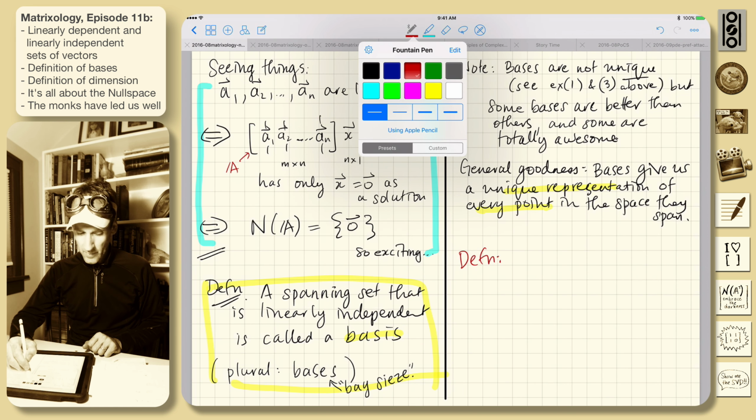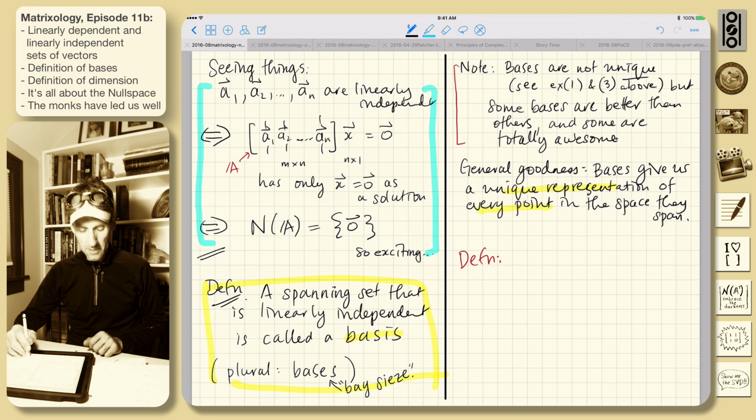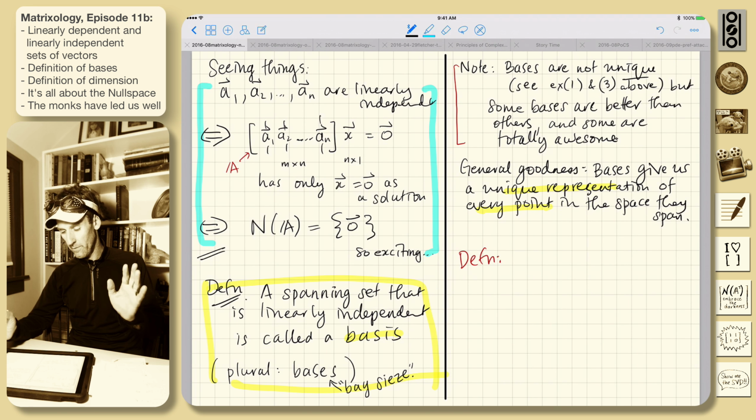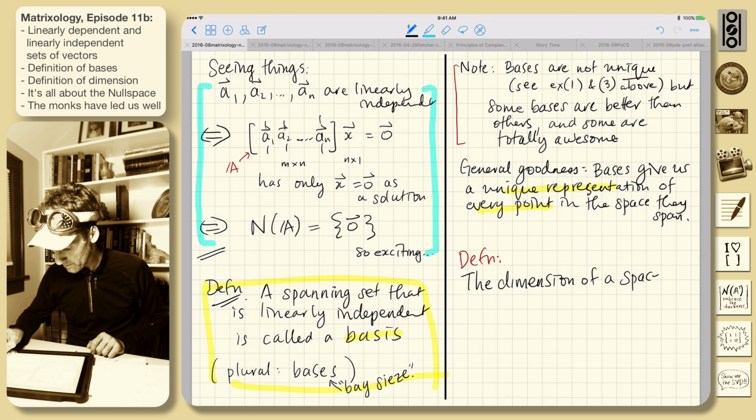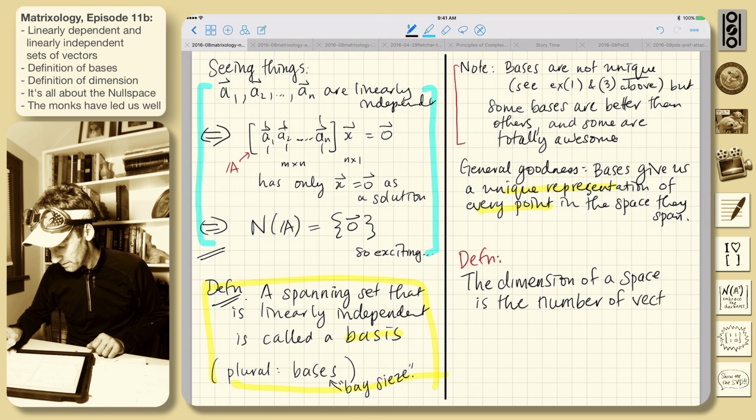Definition. The dimension of a space, whatever it is, subspace, the dimension of a space is the number of vectors in any basis for that space.